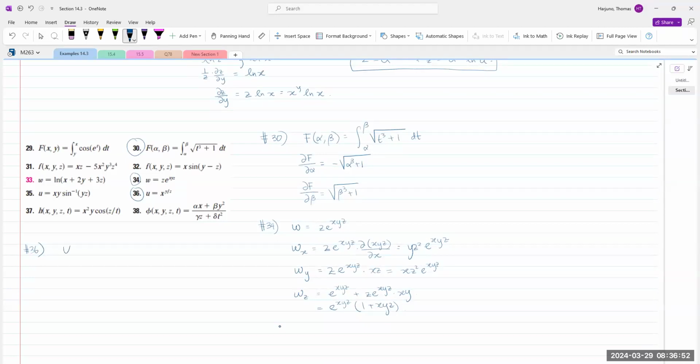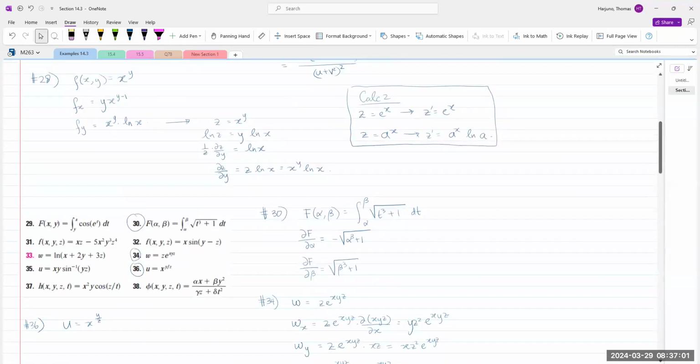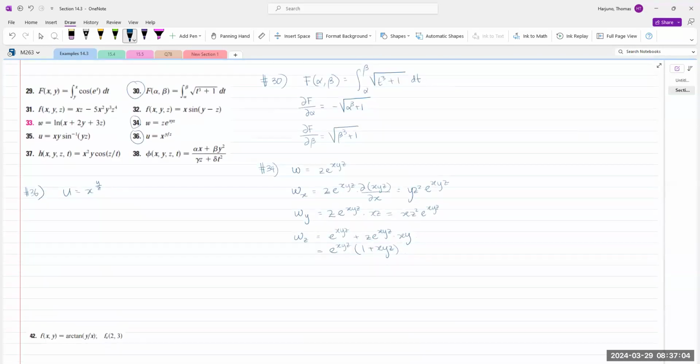Number 36, u equals x to the y over z, actually also similar to number 28 we have above, right? Okay, so the partial of u with respect to x will be y over z times x to the y over z minus 1, right?